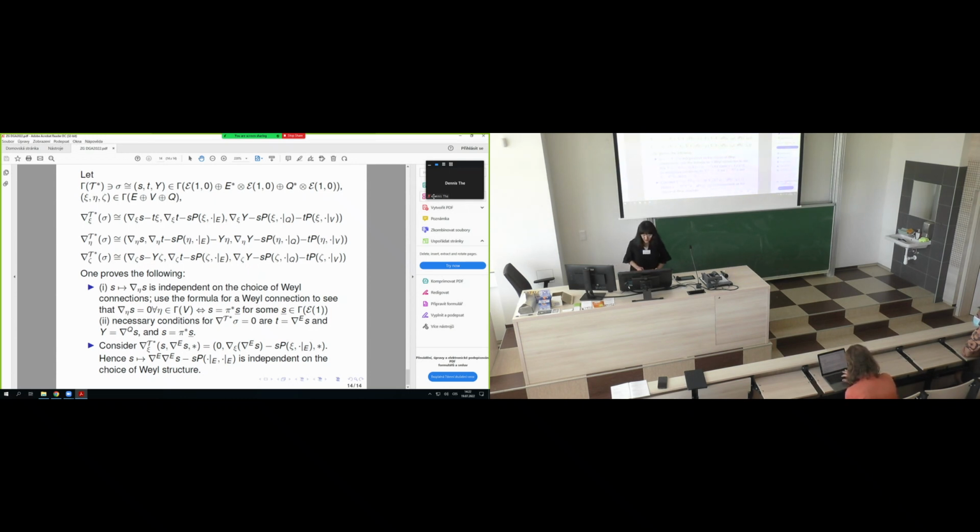We can make some observations by using these formulas. T star, by its filtration, projects to a rank 1 quotient bundle and also projects to a rank 2 quotient bundle. Projecting to the rank 1 quotient bundle is the same as looking at the first column of these formulas.